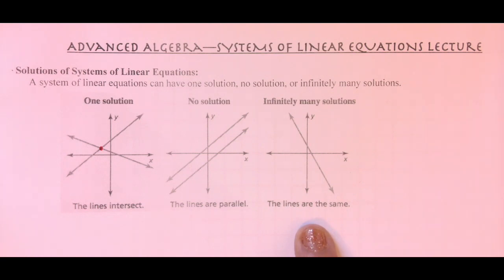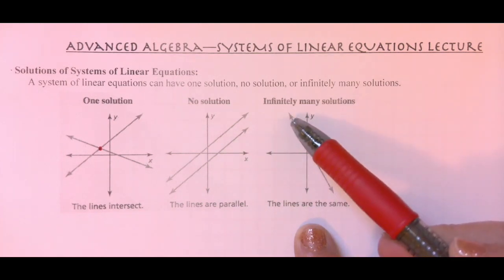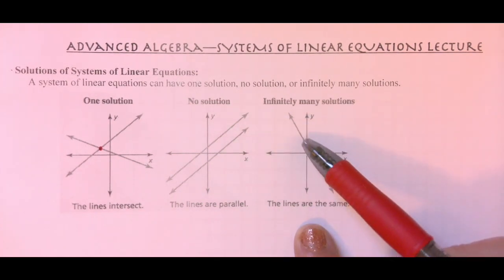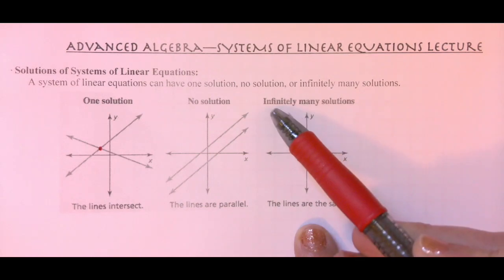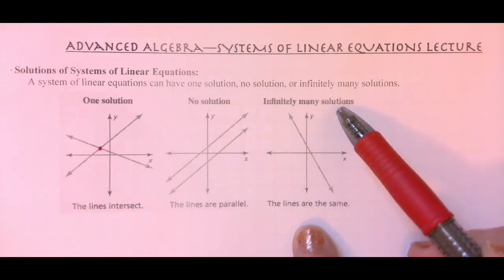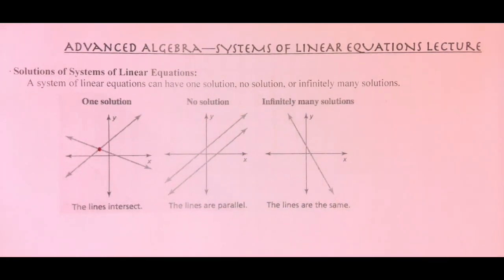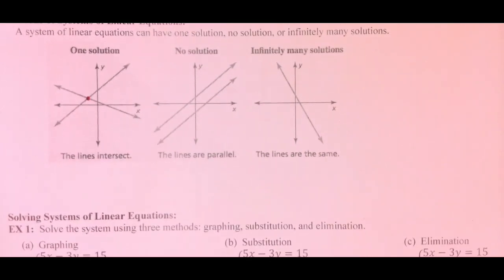When we graph a linear equation, it might end up that the second equation we graph is identical to the first. They're the same line, but in different formats. So any point that's on one line is also on the other line, which gives us infinitely many solutions.